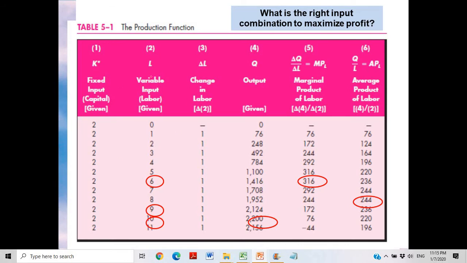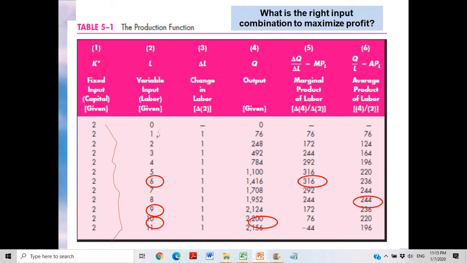In this example, we have capital as the fixed input. That's why we can see all the numbers here are constant, all are 2, regardless of the level of output. The variable input here is the labor, in which we can see that the number of labor varies with the level of output. So we can get from here the change in labor.